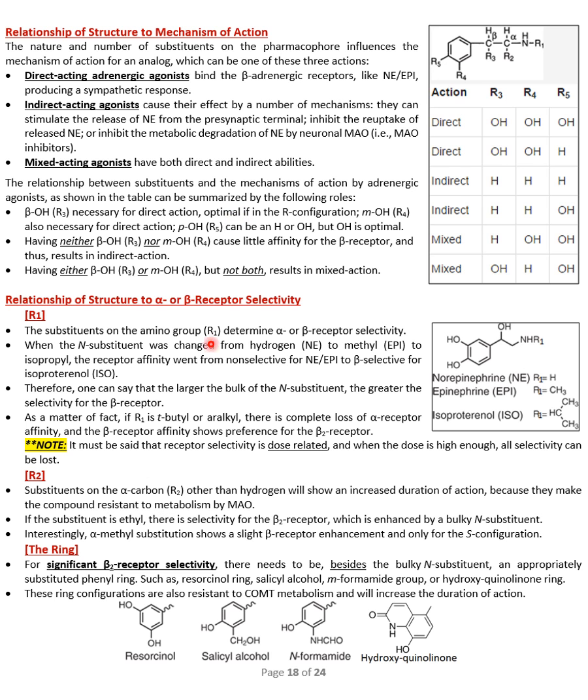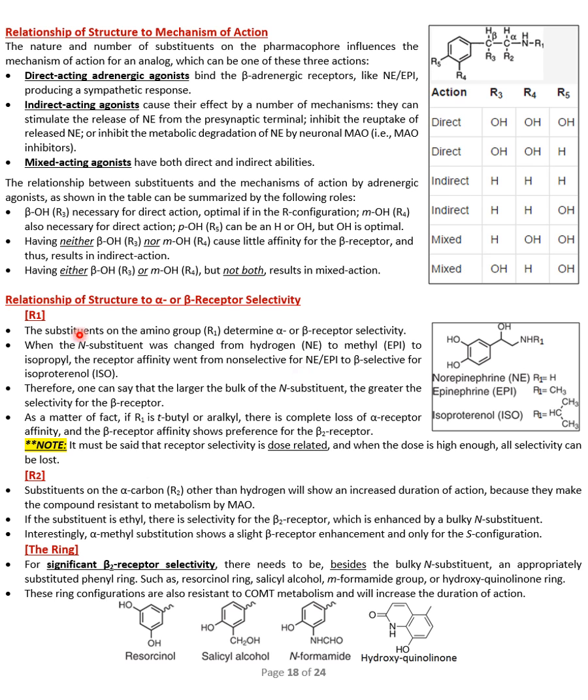Okay, let's now talk about the structure activity relationship for these beta adrenergic agonists, or generally speaking, the adrenergic agonists. In the previous paragraph, we talked about the mechanism of action based on the positions of these OH groups, but we did not specify whether they are selective to beta or alpha, or beta 1 or beta 2.